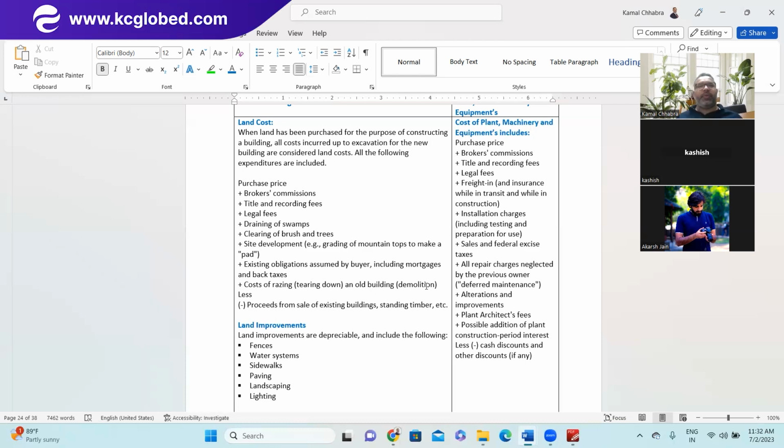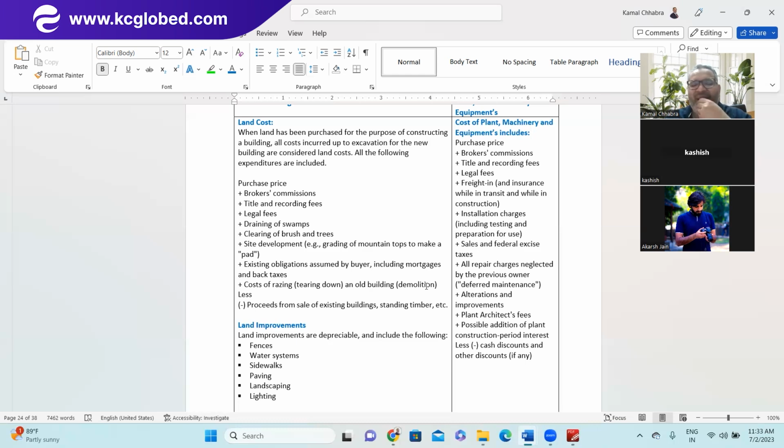For example, you have purchased a forest land and you cut all the trees and you got some money out of the sale of those trees. So that you need to reduce. And if there was some old building, for example, in Delhi there are a lot of buildings which go for rehabilitation, right? When you destroy those buildings, you sell the old material and get some money out of it. So those proceeds need to be reduced. Make sense?